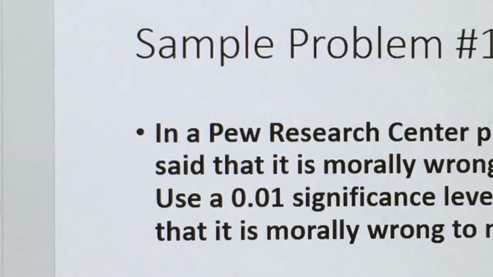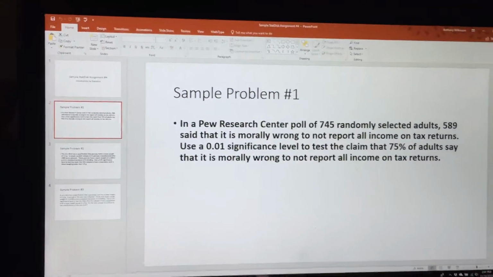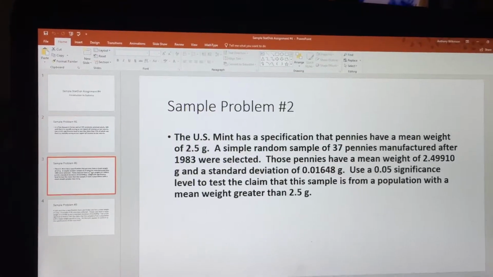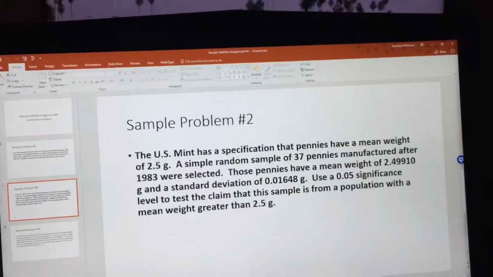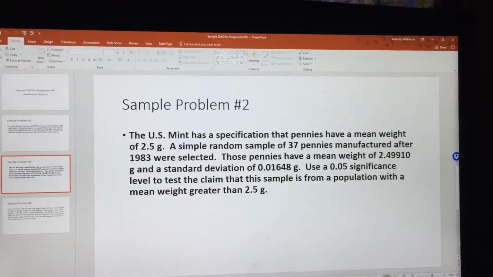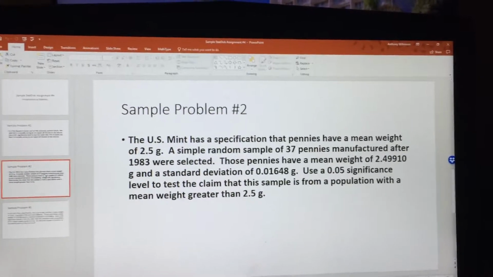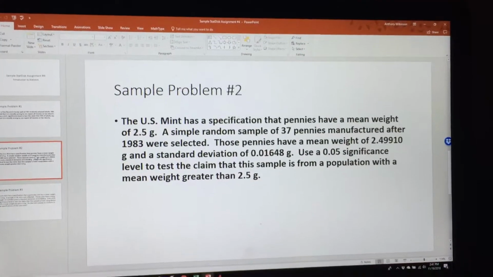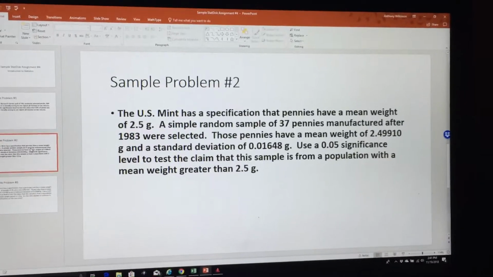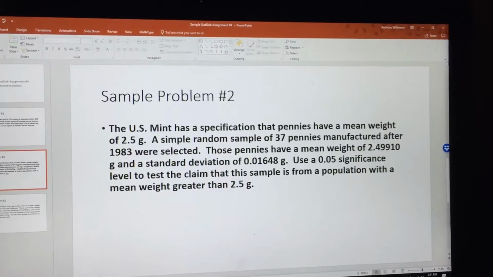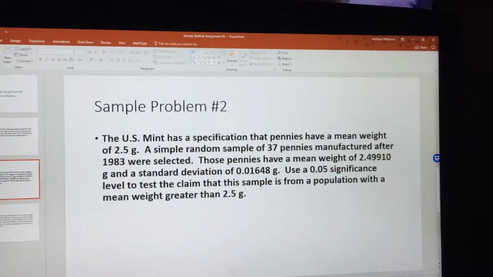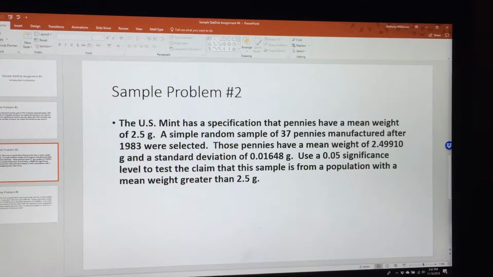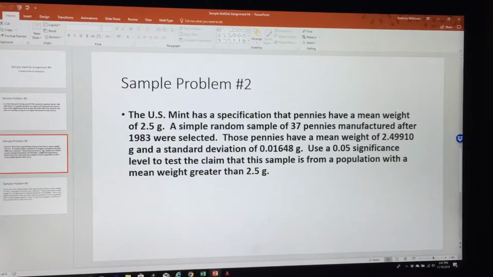All right, now we'll go to problem number 2. It says here the U.S. Mint has a specification that pennies have a mean weight of 25.5 grams. A simple random sample of 37 pennies manufactured after 1983 were selected.